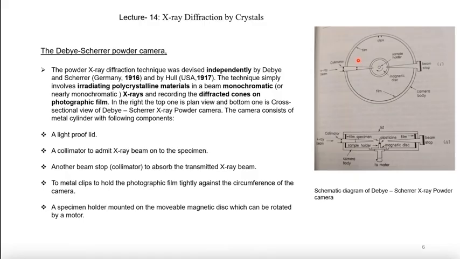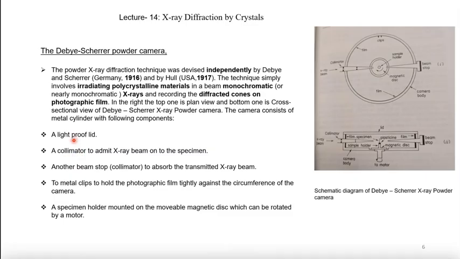And then there is film over this camera, and a clip to tighten the film on the circumference of the camera. This is a schematic diagram also.